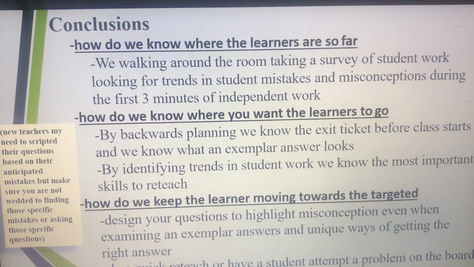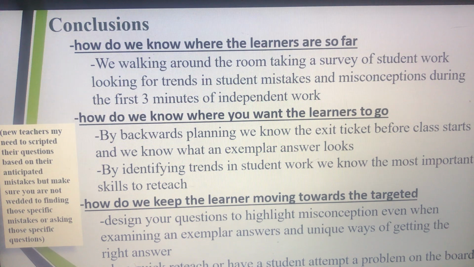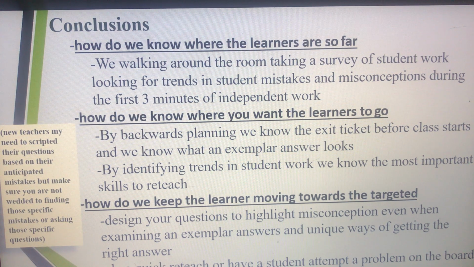I'll attach the slides. So in conclusion, how do we know where the learners are so far? That's the big lever. That's the 3 minutes of walking around class and looking for those trends and misconceptions. How do we know where we want learners to go?